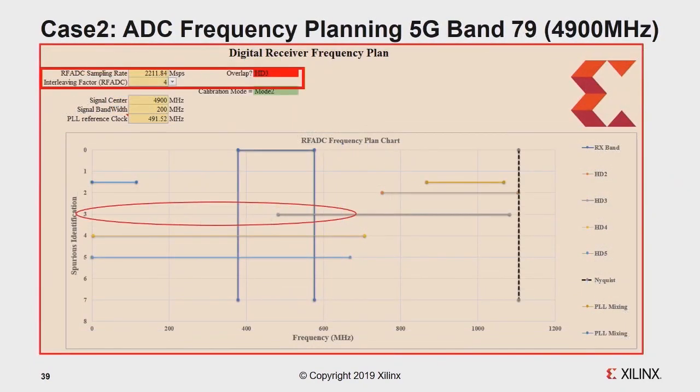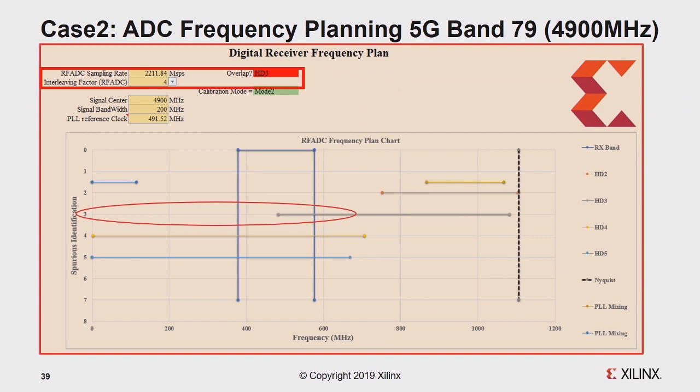Now the second case, after 3.5 gig, we would like to show 4.9 gig. If we're doing band 79 at 4.9 gig and our sampling clock is only 2.2 gigahertz, you can see our signal is 200 megahertz wide at 4.9, and it is overlapped and hit by the HD3, the third harmonic.